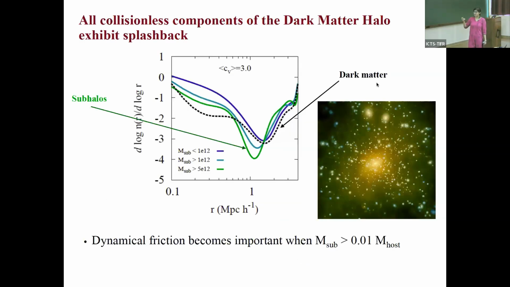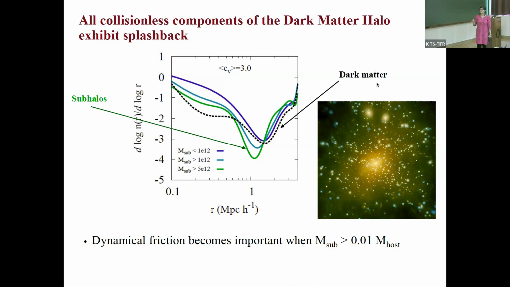The other thing that will be relevant in the introduction is that the splashback radius boundary of a halo imprints itself in all the collisionless components that make up a dark matter halo. The subhalos within these objects also, if you looked at the subhalo density distribution, would show a sharp boundary corresponding to the minimum of the logarithmic slope profile.